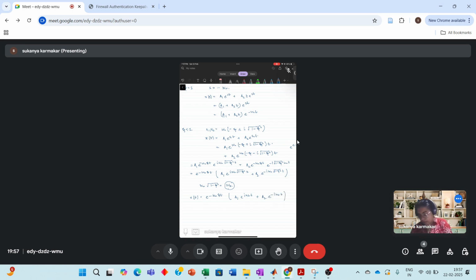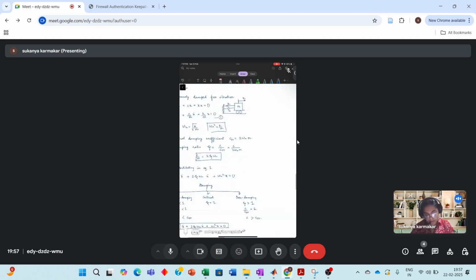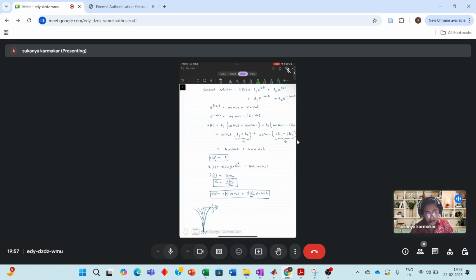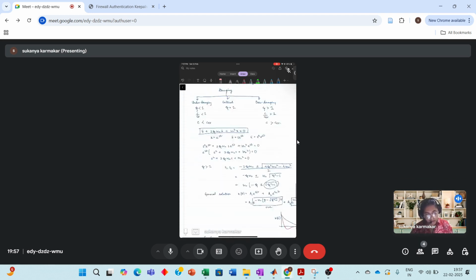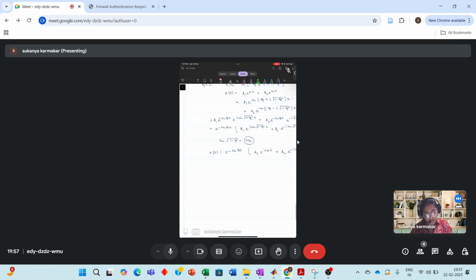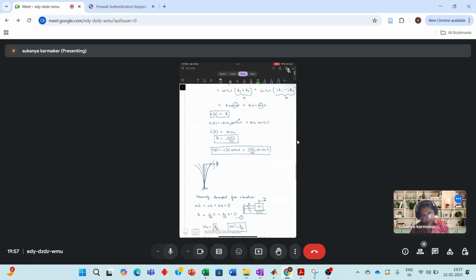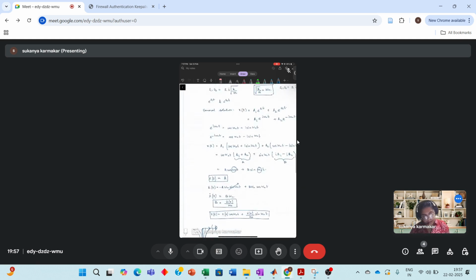What you see is that this part in the bracket is similar to what we got earlier, a cos of omega n t plus b sine of omega n t. The difference is that there omega n came into the picture, and here omega d, the damped natural frequency, is coming into the picture. So we can just extrapolate the form of the solution here.